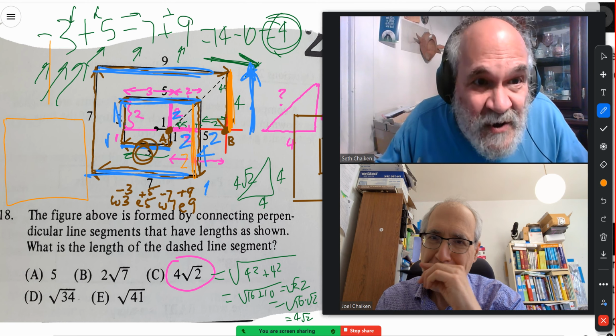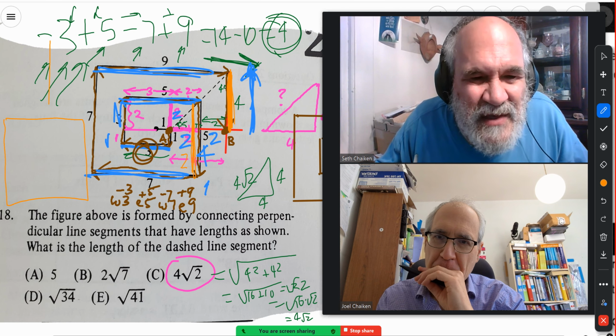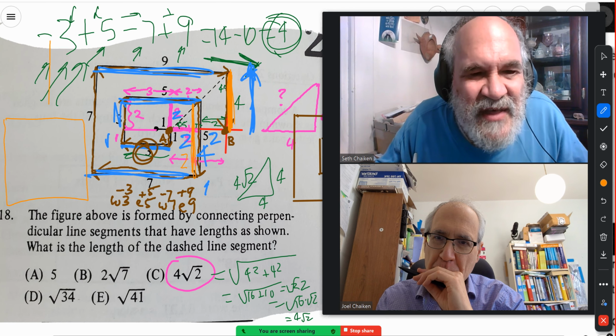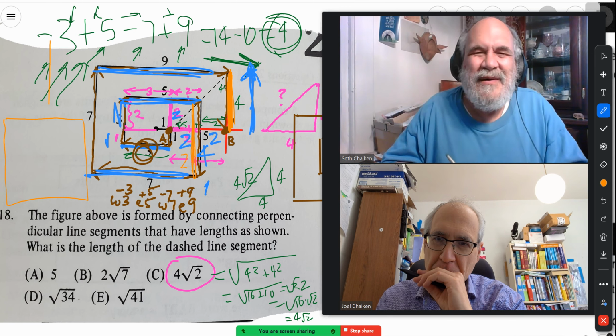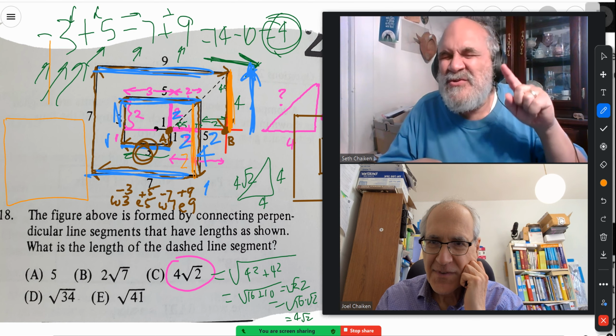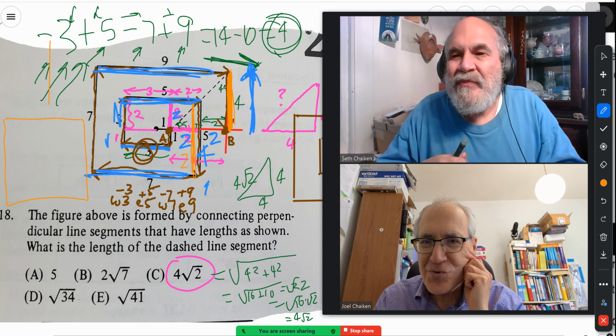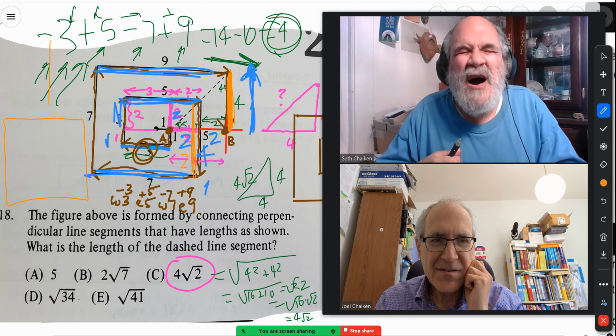Because they don't tell you that the line segment between A and B is horizontal. Okay, well, come on. They show it in the diagram, but they don't tell you that. Wait, you drew the line segment between A and B. I drew it.